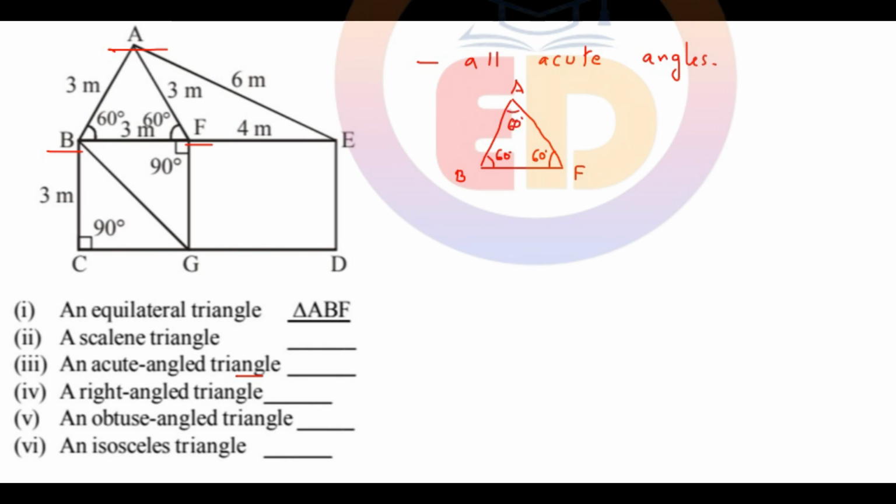And if all the three angles are 60 degrees, it means all the three angles are acute angles. So this is an acute angled triangle. It is an equilateral triangle also based on the number of sides, and based on the value of angle we can call it an acute angled triangle. So the answer to the third question is triangle ABF.